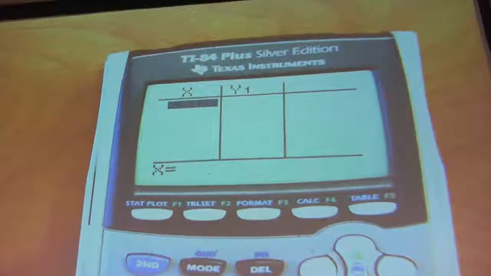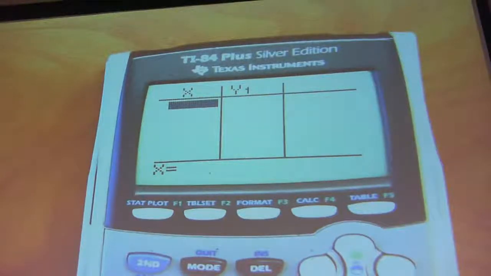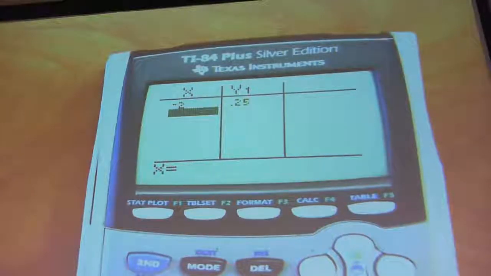So let's pick a number less than -1. Any number you want less than -1. -2. When you plug in -2, your result is 0.25, but more importantly than that, is your result positive or negative? Positive, greater than 0.